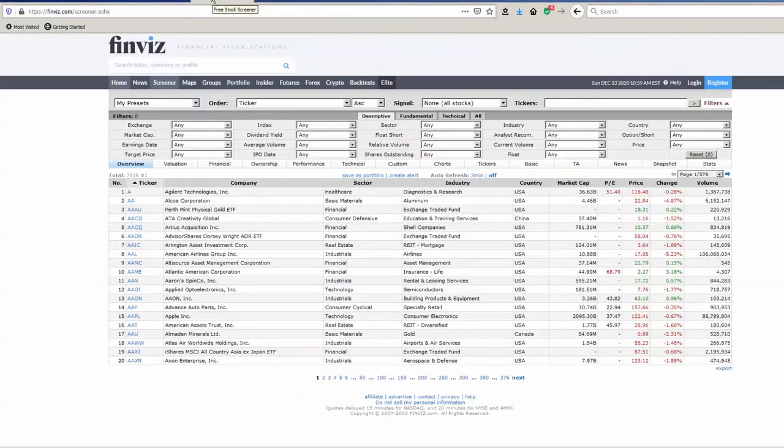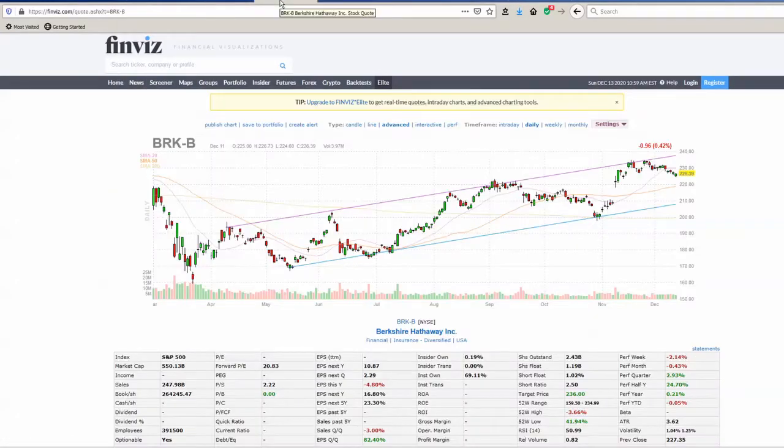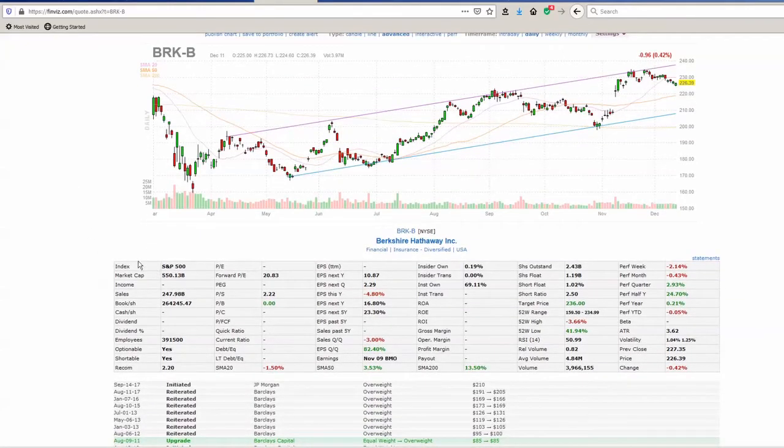You've got Finviz here, which is short for financial visualizations, and it's got a lot of companies here. There's a screener. And if you look into an individual company, let's say Berkshire Hathaway, there's again loads of key information. Now I find this a little bit harder to read myself, but I do know people find this format a bit cleaner, so it's very much a subjective thing.